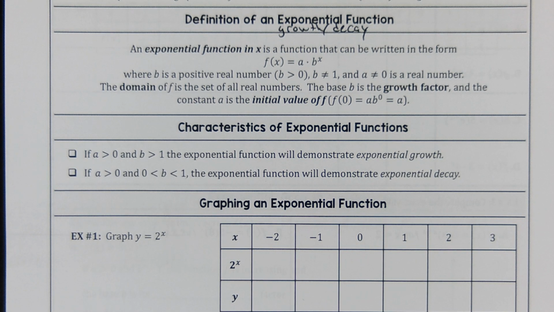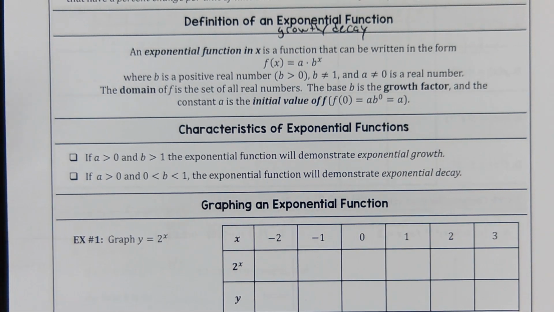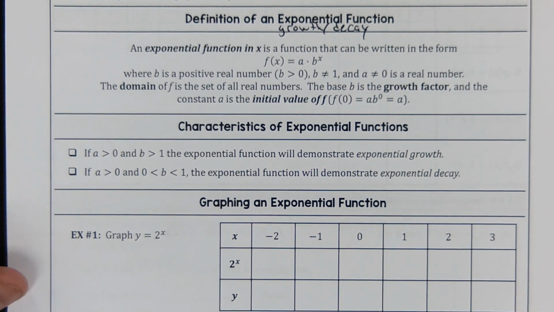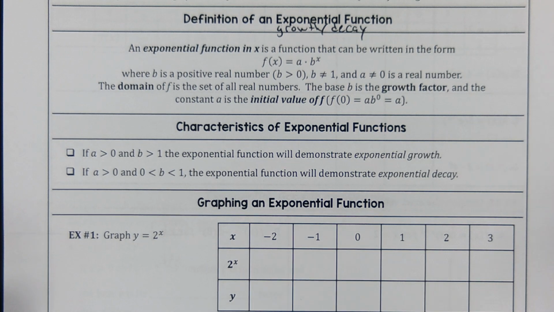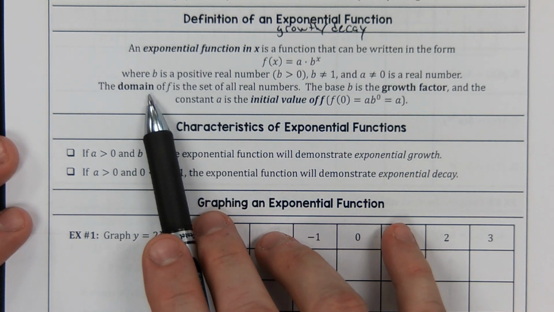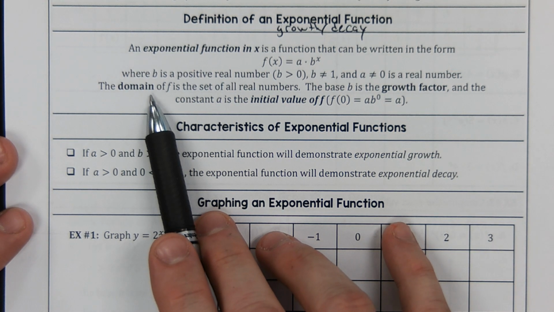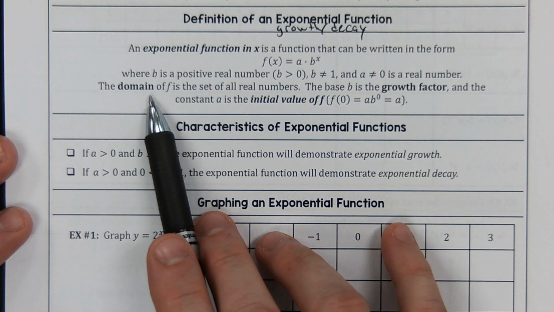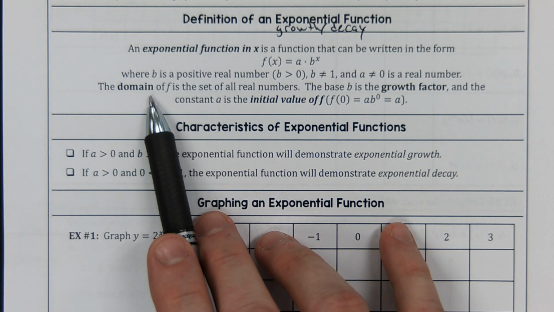Your a value on the front, which if you think transformations represents your vertical stretches and shrinks, it's just faster to say vertical dilations, it cannot be 0. Because if a was 0, then once again your whole function would just be 0 and you wouldn't have anything exponential. I kind of already hinted at this when I said that the exponent could take on any value at once, but the domain of all exponential functions, not just growth and decay, the domain of all exponential functions is all real numbers.